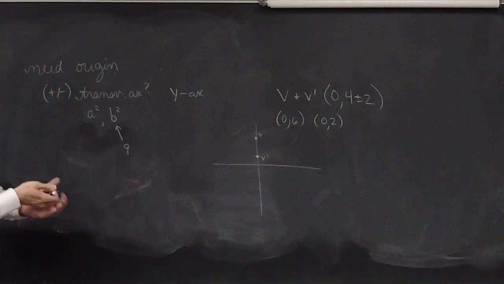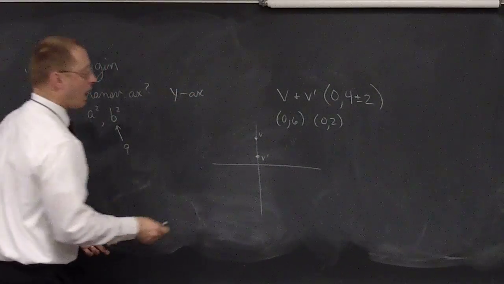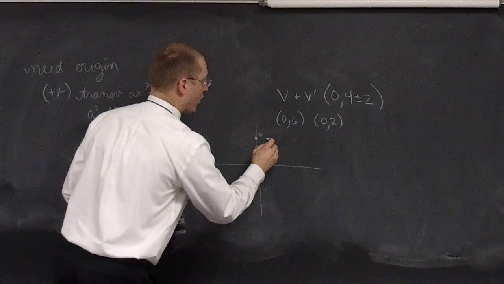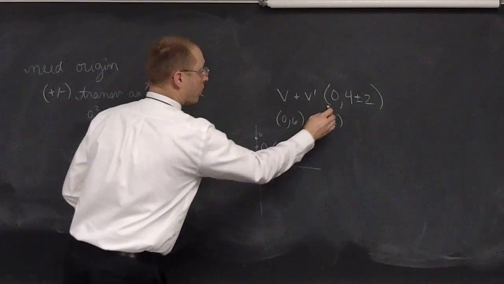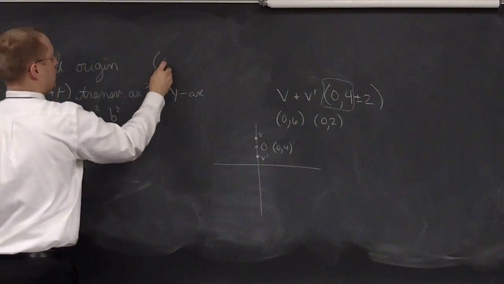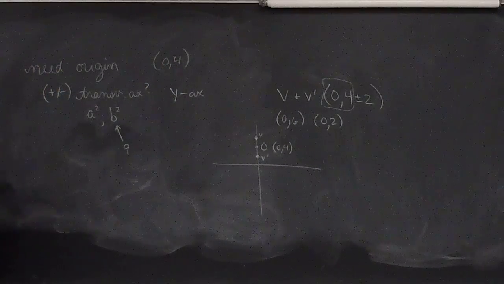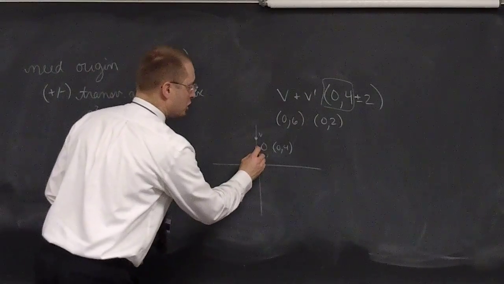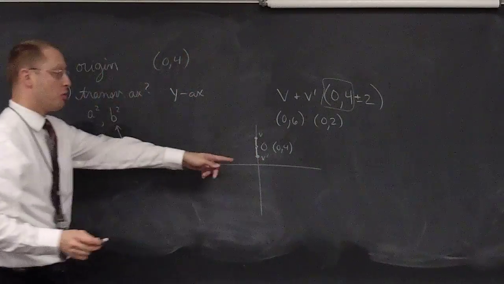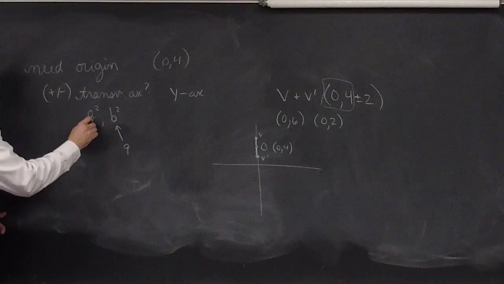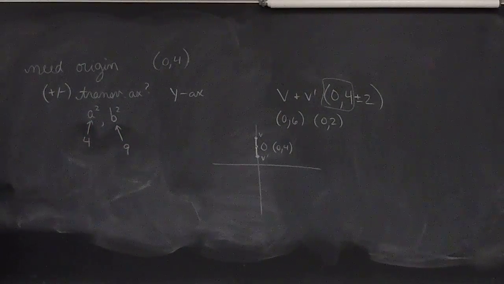The origin is 0, 4, right here in the middle. And then your a squared is 4. Good. There's 2 on each side, so a is 2, a squared is 4. So, Quentin, what's the equation?